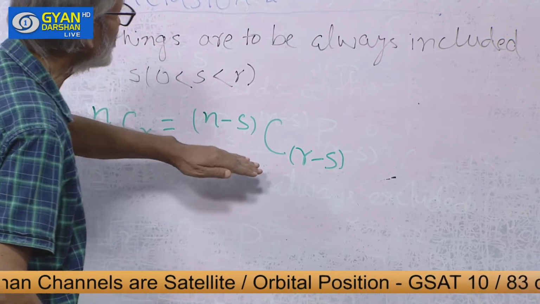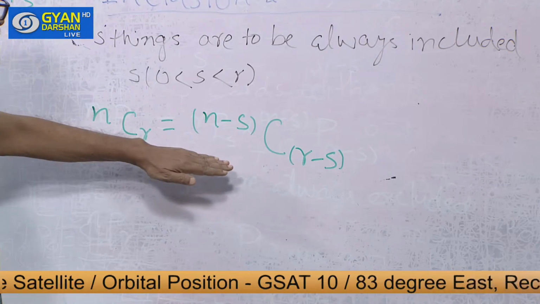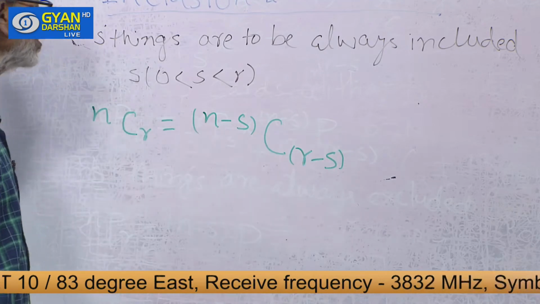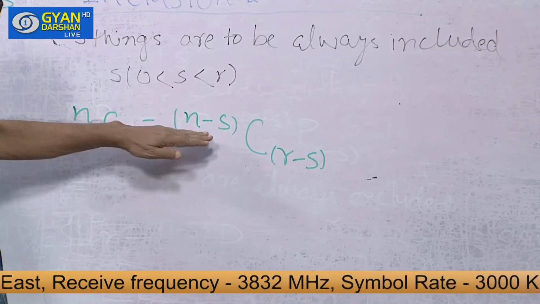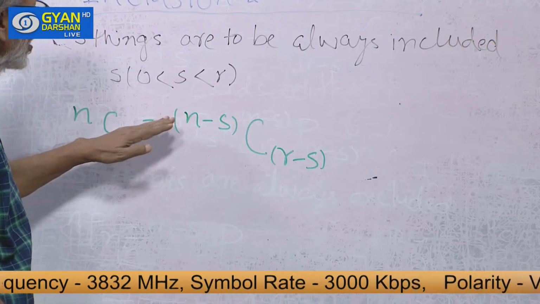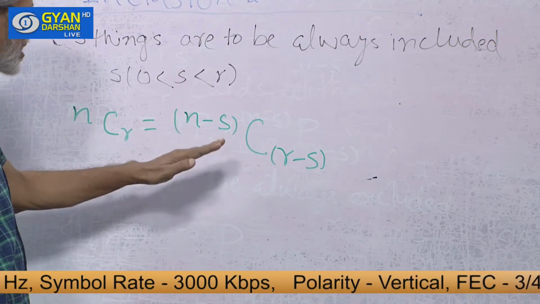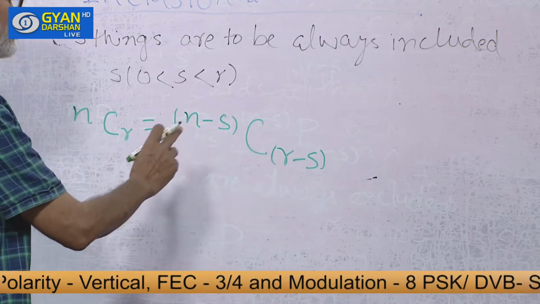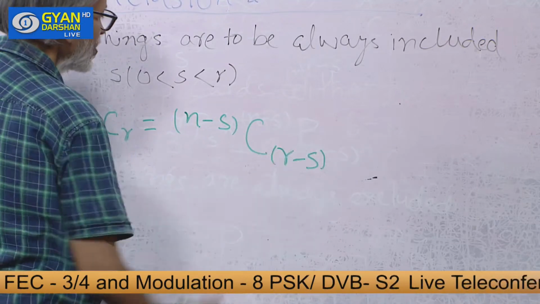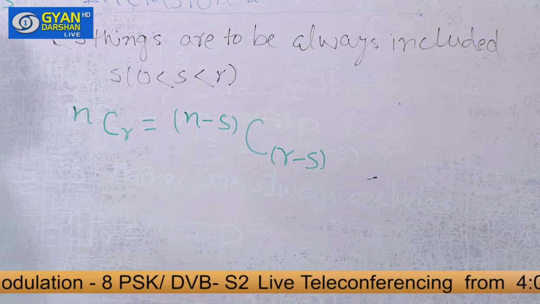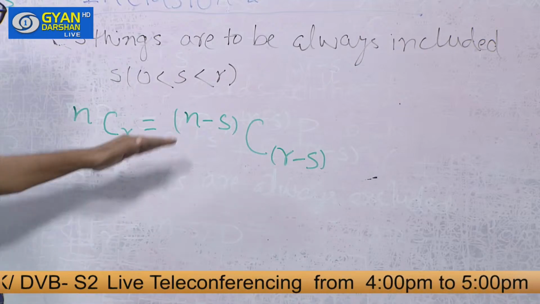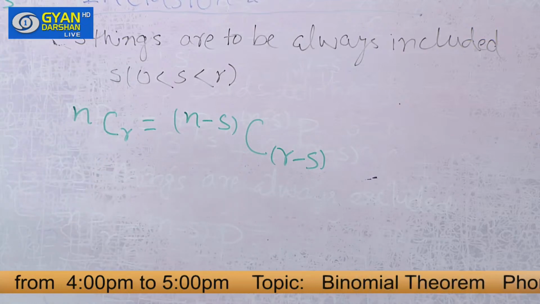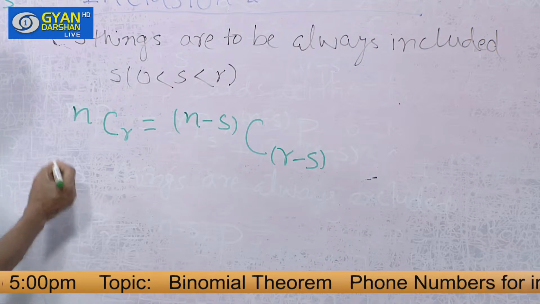Since here grouping is important, arrangement is not important, so for the s things we have selected, there need not be any other arrangement. In the case of permutation, rPs was coming here, but here it is not required because this is a grouping. So, order is not important. This will be the formula.